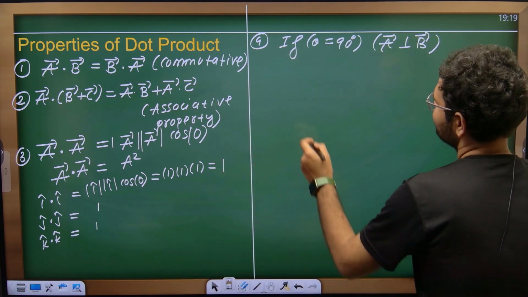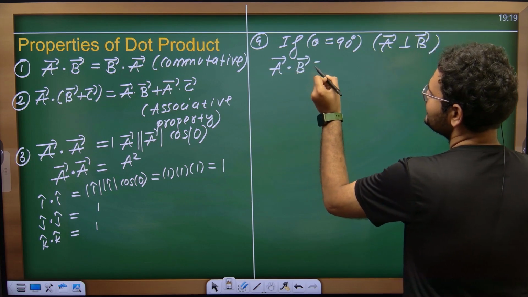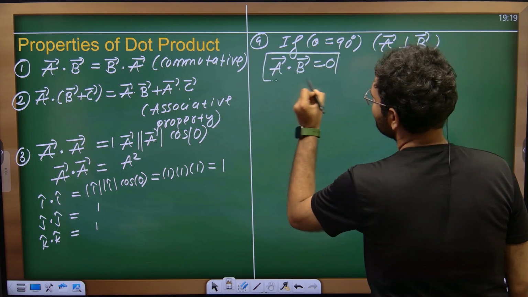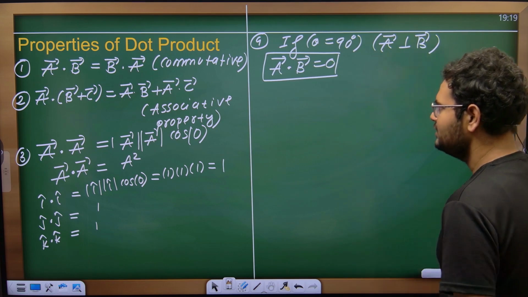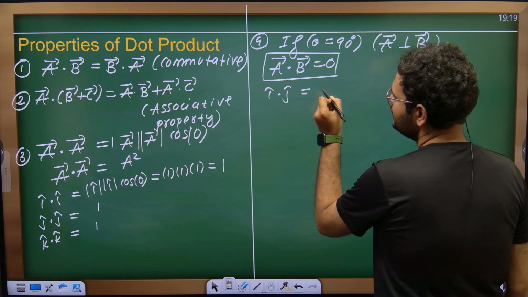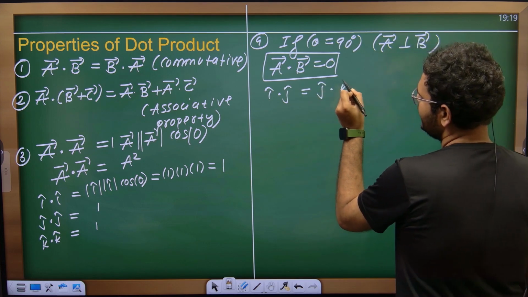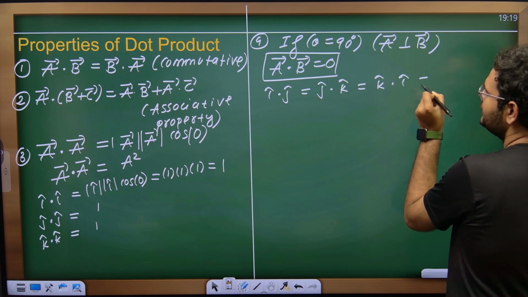That means a vector dot b vector is equal to 0. Excellent, extraordinary. This property I am going to use. And if this is so, you can tell me now i dot j must be equal to j dot k and must be equal to k dot i, and this must be equal to 0.